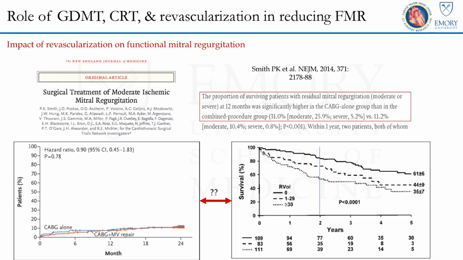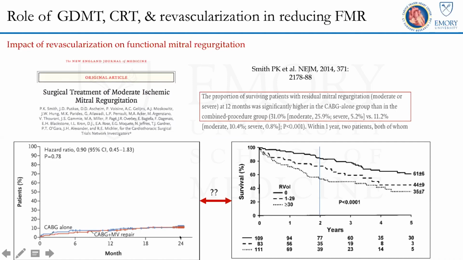However, despite this, the challenge of this study is that the primary takeaway was that there was no difference in mortality at 2 years when you compare coronary artery bypass grafting alone versus mitral repair. So what was determined from the trial is that repairing the mitral valve may be unnecessary in these patients. However, that may be a premature endpoint, meaning that in these patients, they were only followed to 2 years.